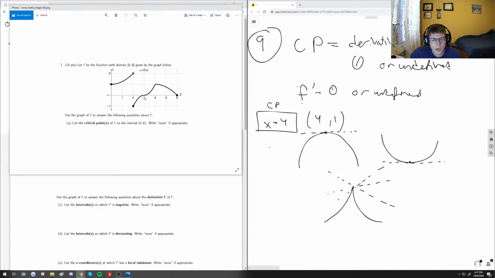For that reason, it's not a critical point. The first derivative is changing, meaning the second derivative is 0 at this point, so we do not call it a critical point. So our only critical point is at (4, 1) right here.